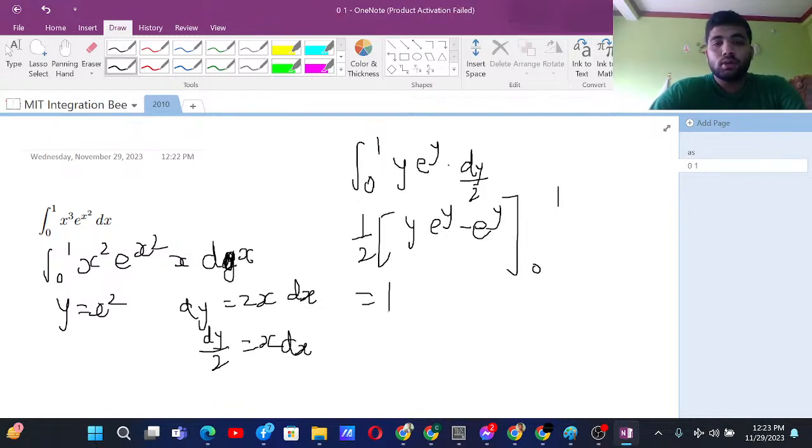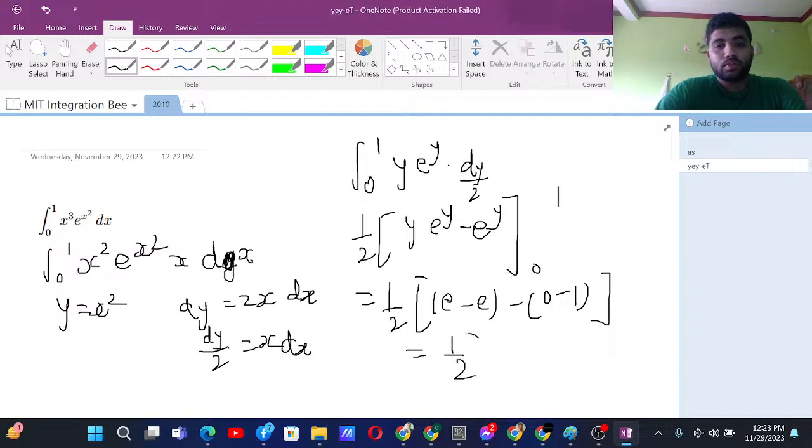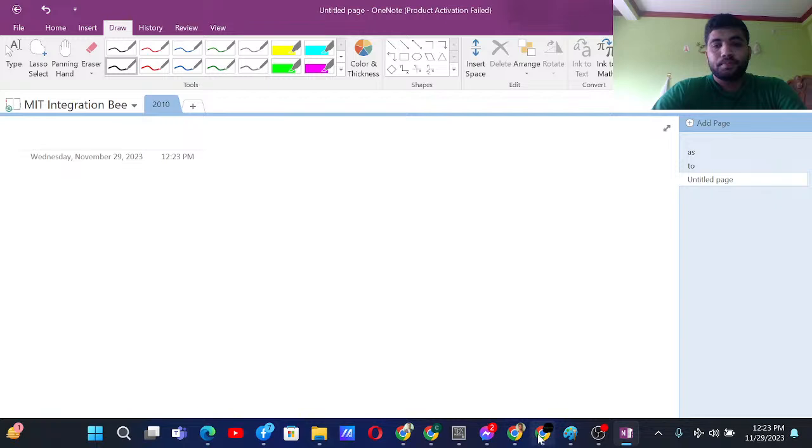At 1 this is 1 by 2 e minus e, at 0 this is 0 minus 1, so that's 1 by 2. Yeah, let's go to the next integral.